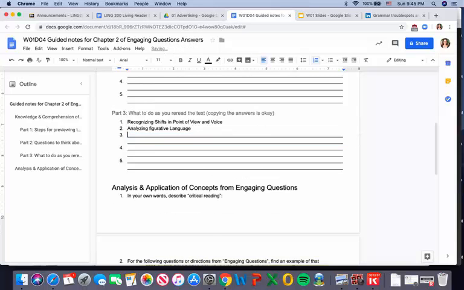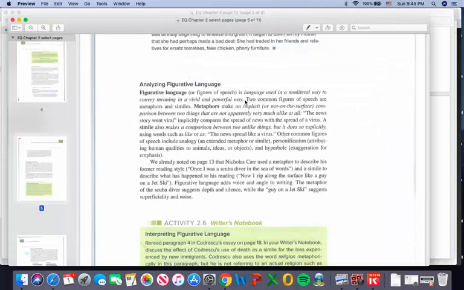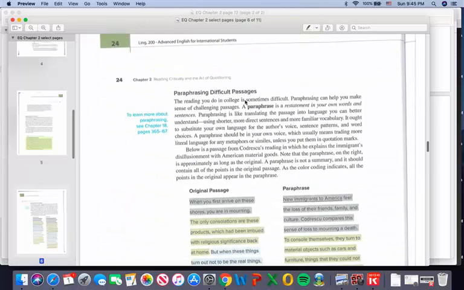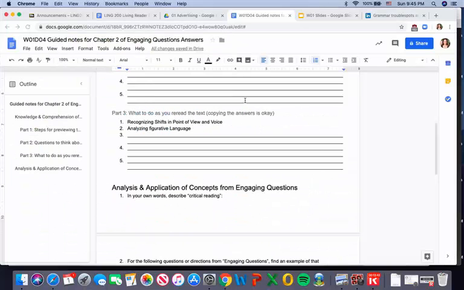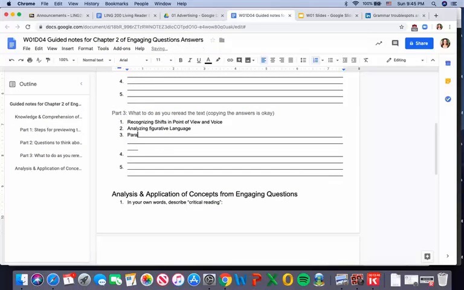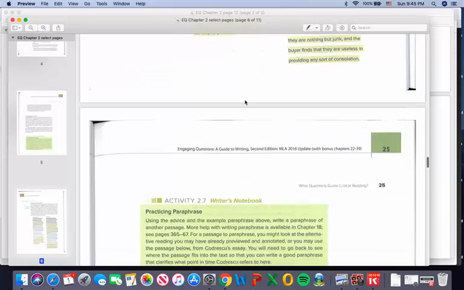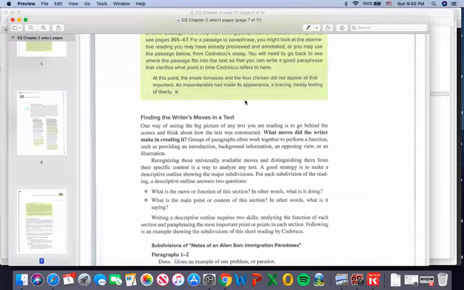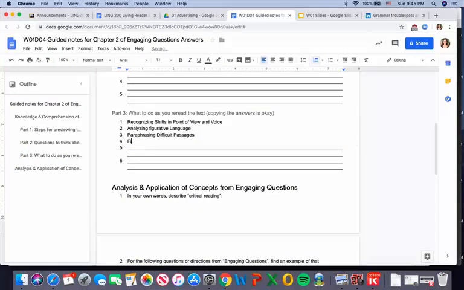And the next, 3, is paraphrasing difficult passages. Oops, I accidentally deleted one of the entries. Paraphrasing, what was that? Difficult passages. Paraphrasing difficult passages. All right, and then number 4 is going to be finding the writer's moves in a text.